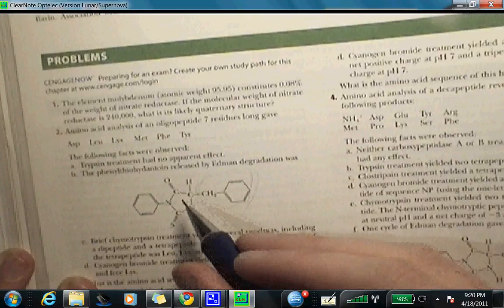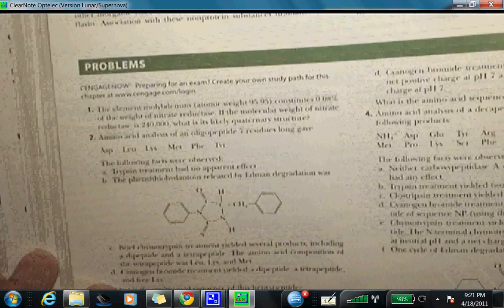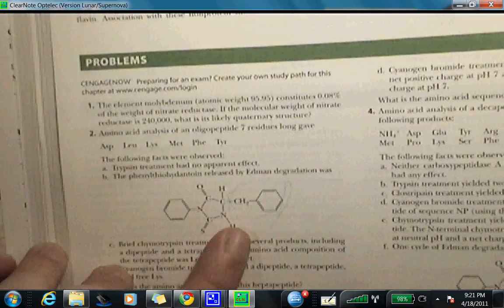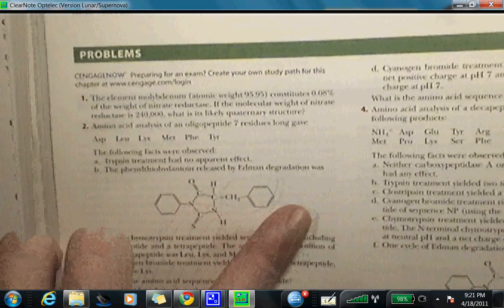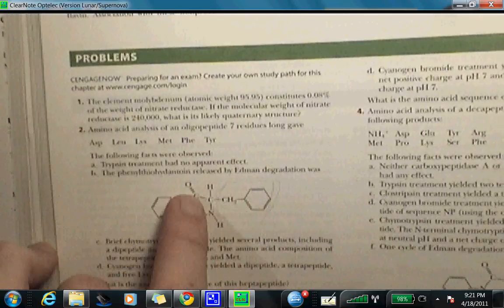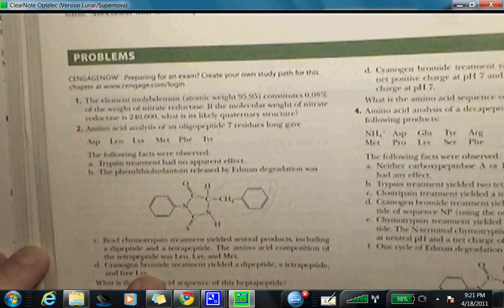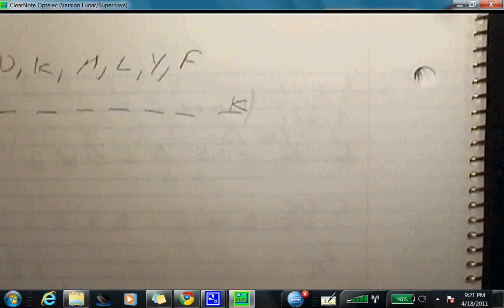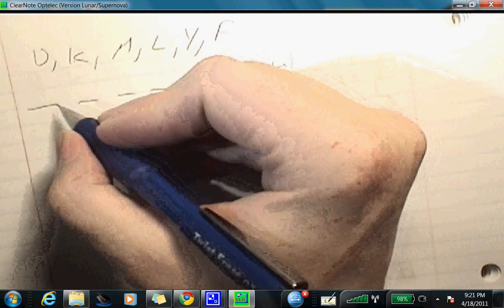Edman degradation will attach to the N-terminus of our polypeptide, and it will cleave off the first amino acid. So recognize your R group and where you need to look for it, and it's right here. So that tells us that our first one's F.